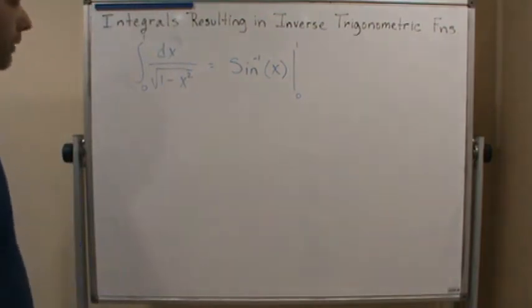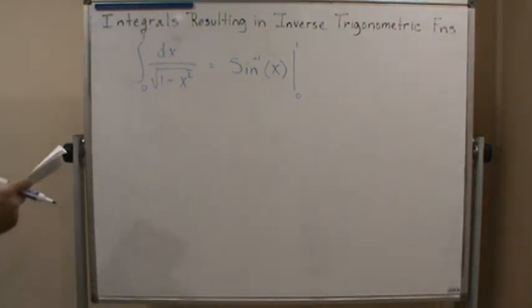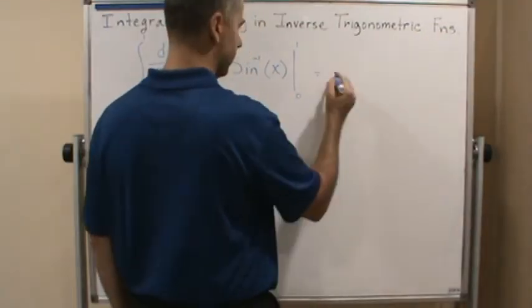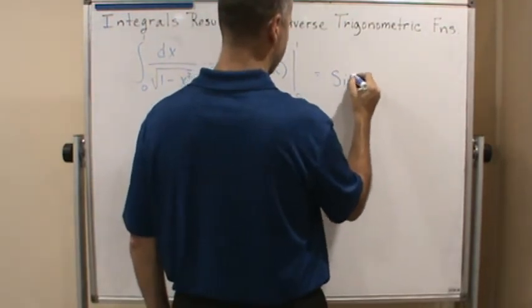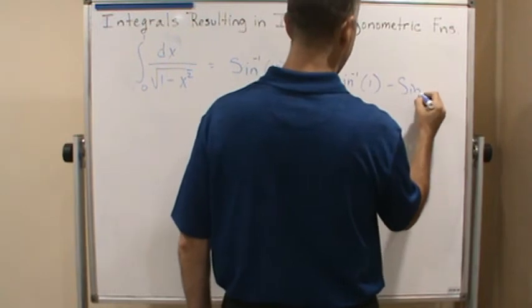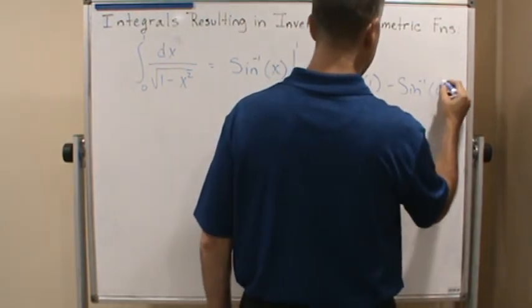Now all I have to do is put it in there. I have to evaluate this based on the integral. Okay, so let's do it. This is going to be the inverse sine of 1 minus inverse sine of 0.